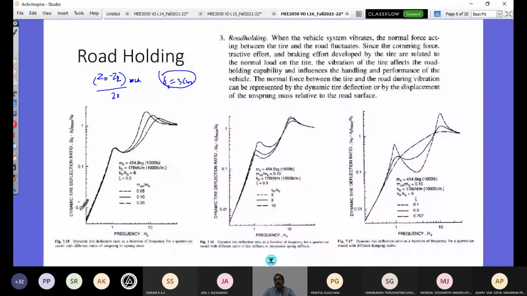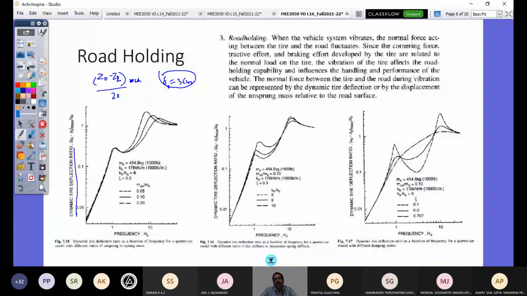If it is more, then the road holding is in question. Again, you see the contradicting requirements. You require a stiffer spring rather than a soft spring. You require high damping value rather than low damping. Of course, in the mid frequency you have low damping, but overall the frequency range requirement is high damping value, which is again contradicting. Such contradicting requirements cannot be met by a passive system.